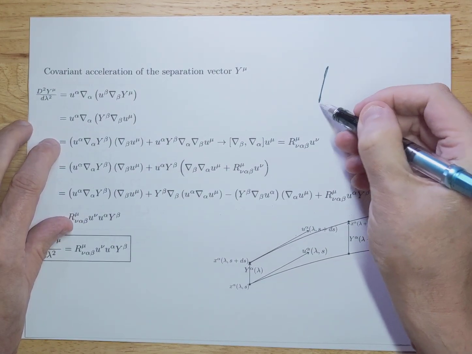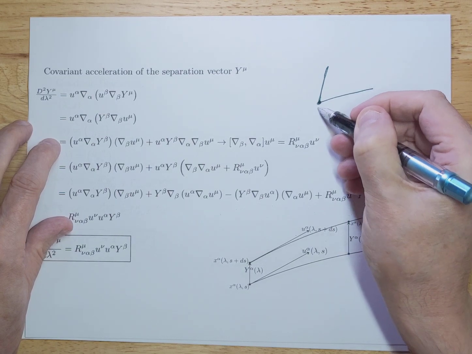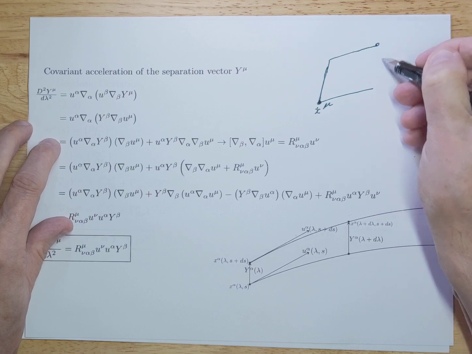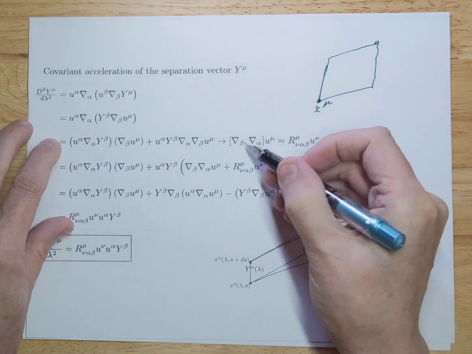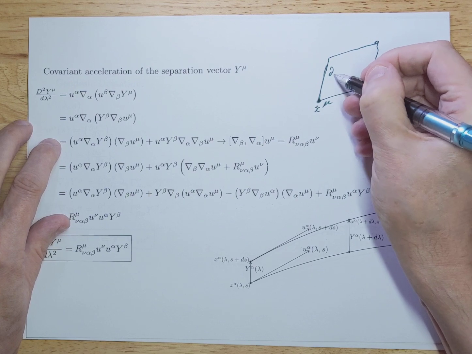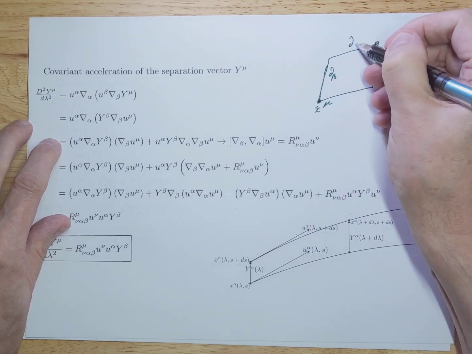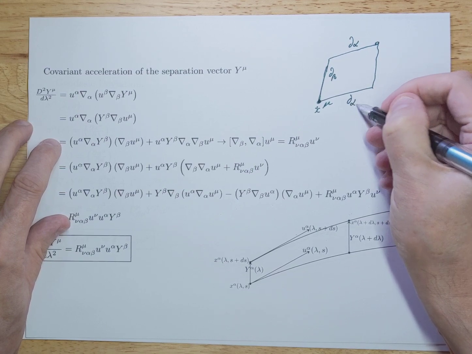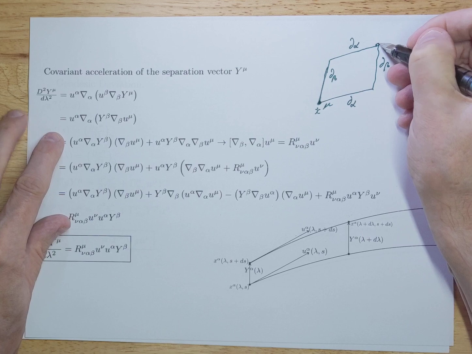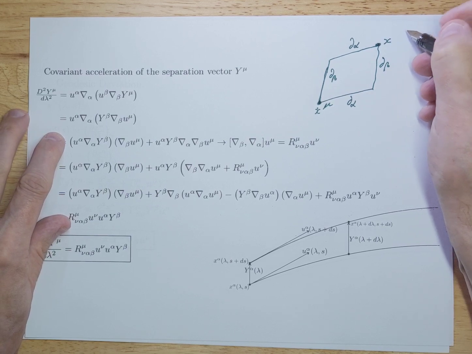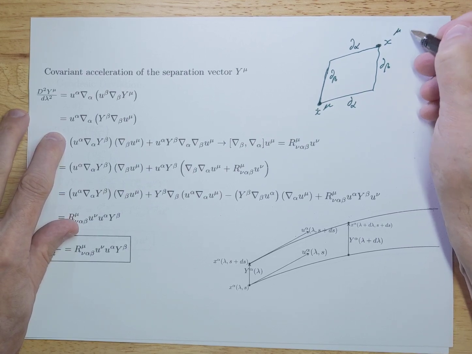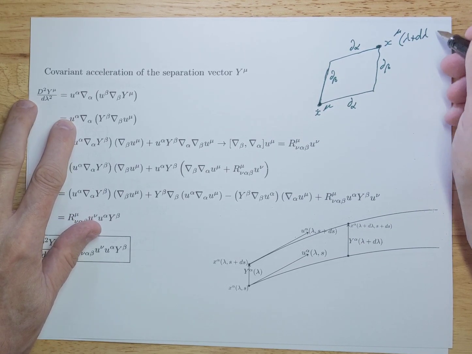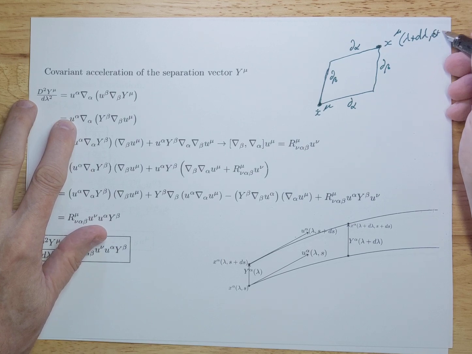You can say I'm starting with a vector here in x mu, for instance, and I'm going to differentiate first with respect to beta, and then you differentiate with respect to alpha here, and you do the same, but here you do it the other way around. And then you come into this new point here, x mu, and this is usually lambda plus d lambda, a little bit further out, and s plus ds, okay?